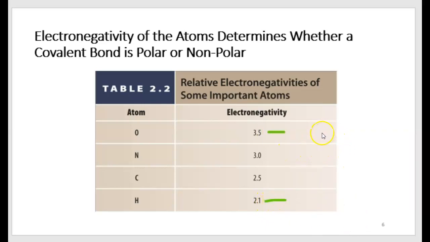So the electrons will tend to be closer to the oxygen in an OH bond. But there's very little difference between the electronegativities of carbon and hydrogen. So a bond between carbon and hydrogen won't be polar. It will be considered nonpolar.